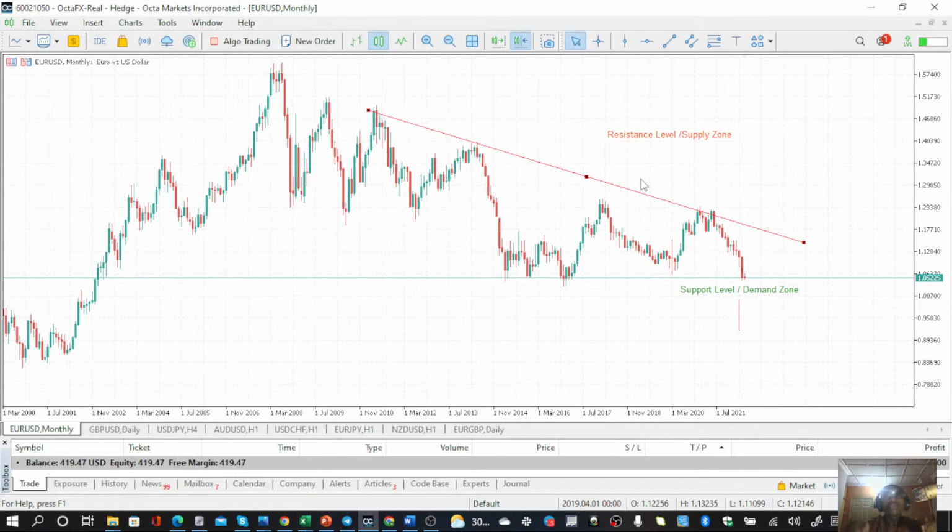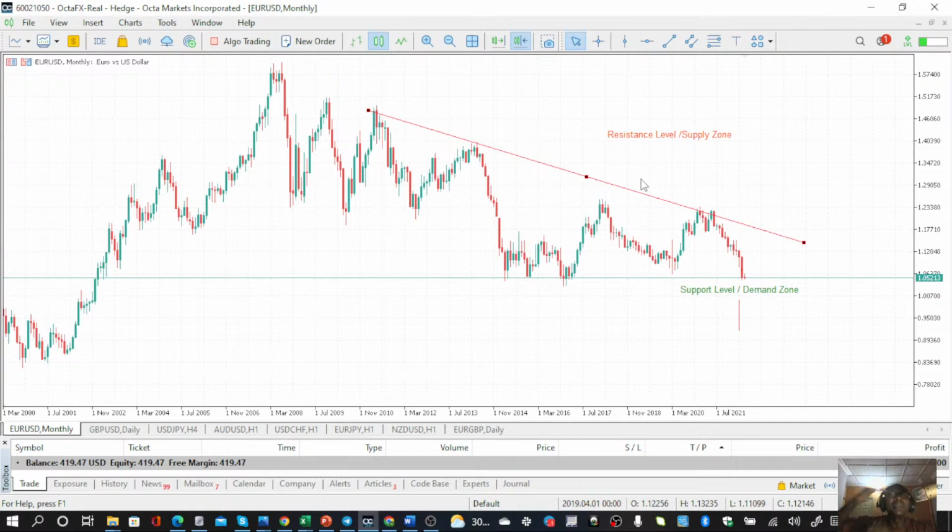Now, to have clearer insights into what the support level and the demand level is, we will have to identify our demand zones and supply zones.